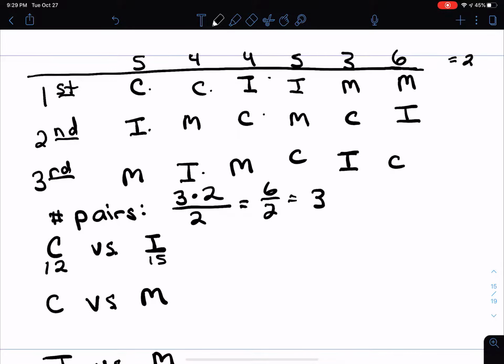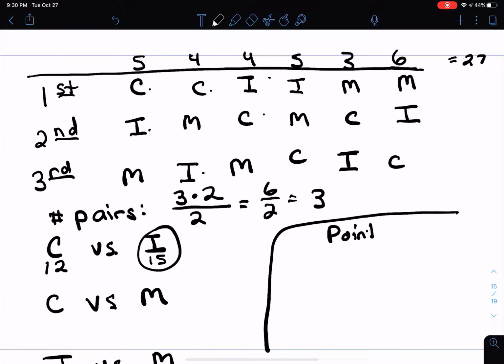There are 27 voters. And you'll notice that my numbers should add up to 27. I had 12 that prefer Chinese over Italian, 15 that preferred Italian over Chinese. 12 plus 15 is 27. But in this comparison, Italian wins. So let's do our points. So Italian gets a point.